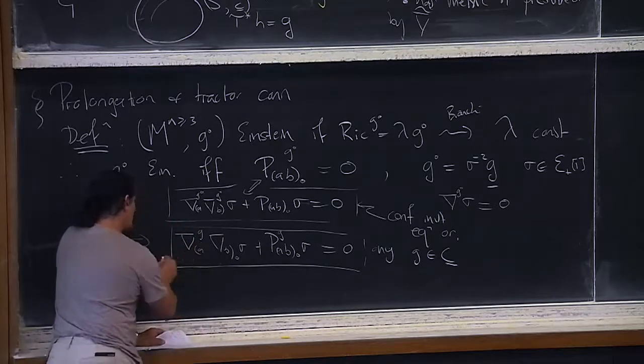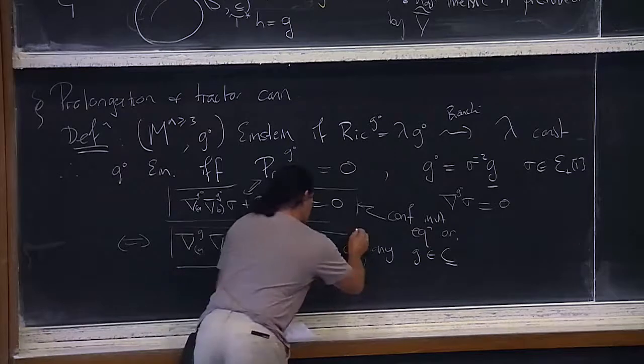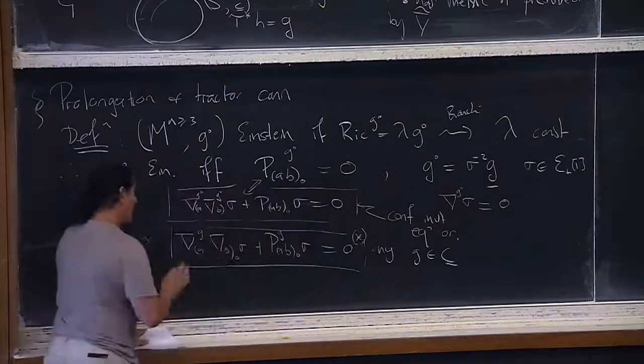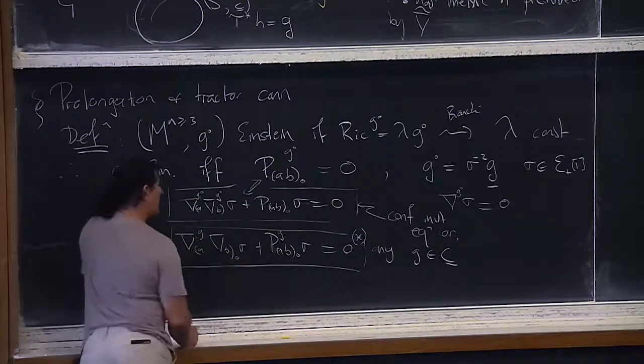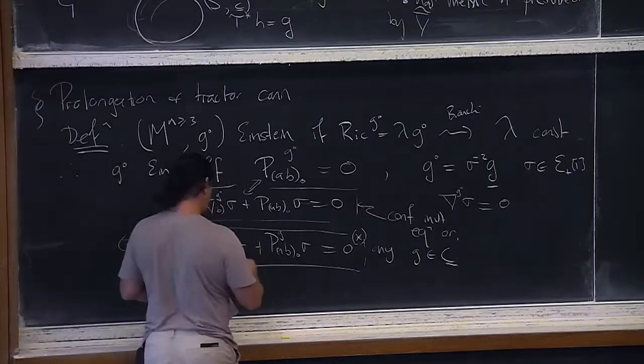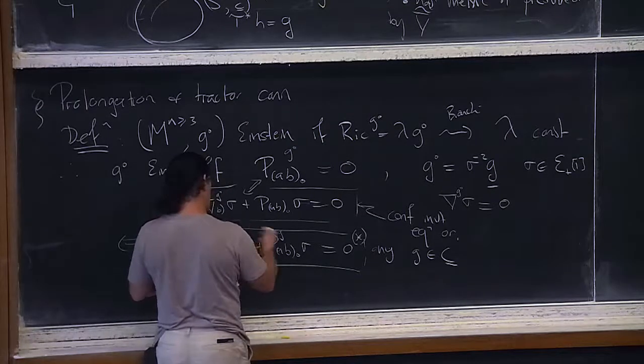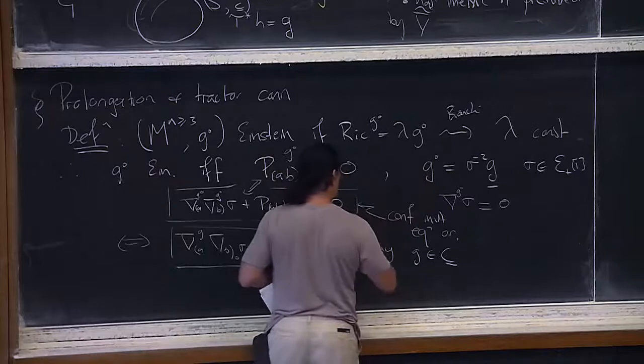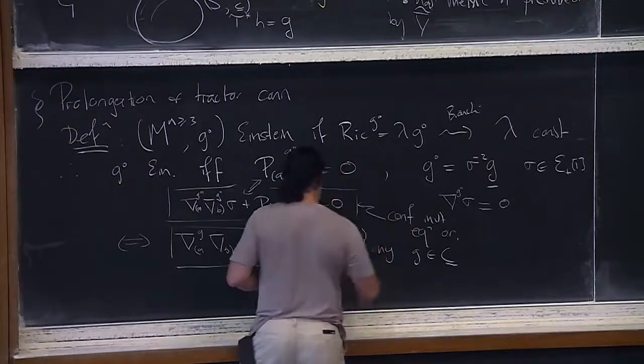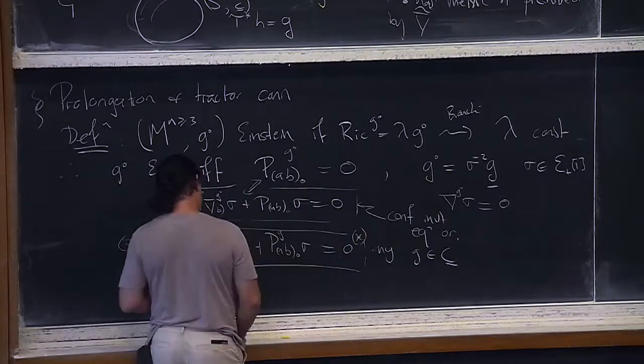Conversely, if you have a solution of this equation, let's call it star, then we can always go back and calculate in the scale that makes sigma vanish.